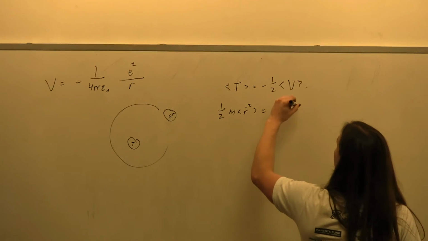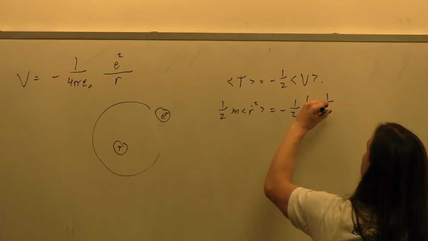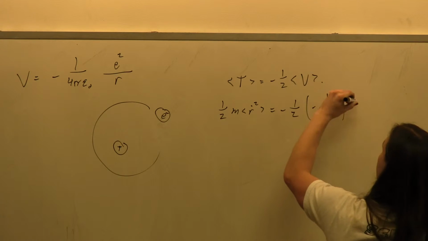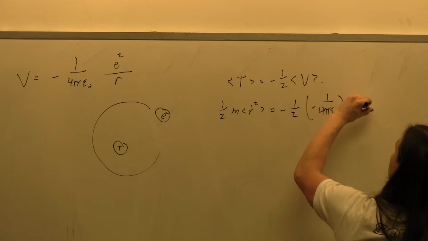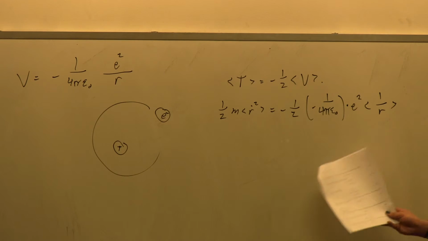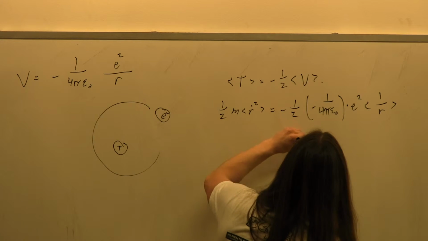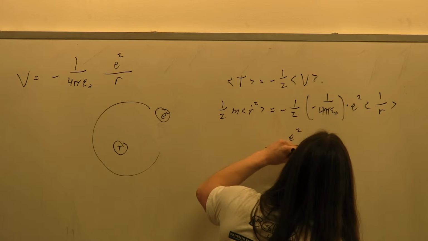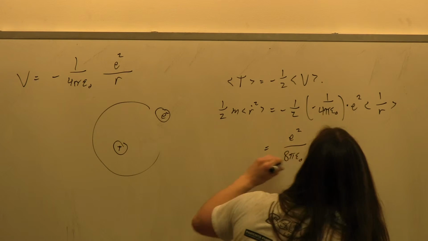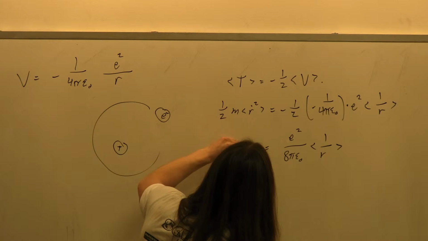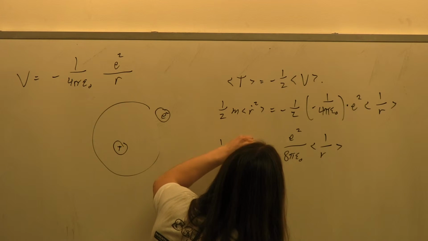So here, I'll just write it out a little bit more explicitly so that I don't skip steps. So just inserting the potential right into there, I can reduce that to E squared over 8 pi epsilon naught, and value of 1 over R, equals 1/2 m R dot squared.